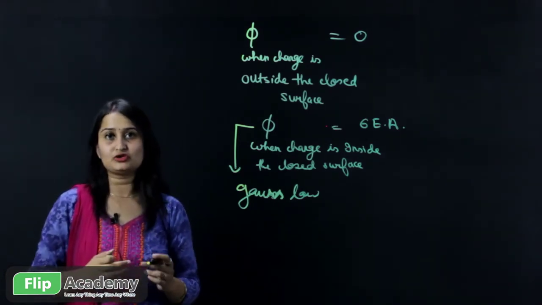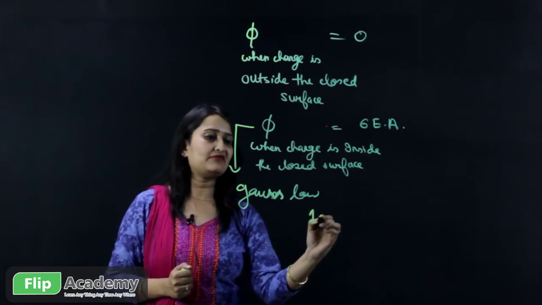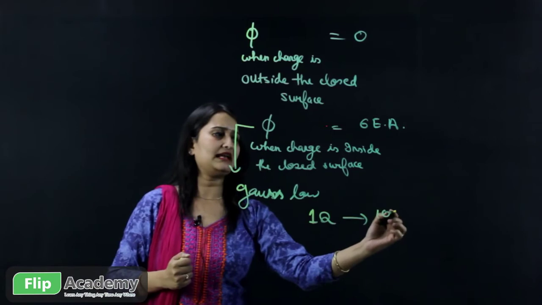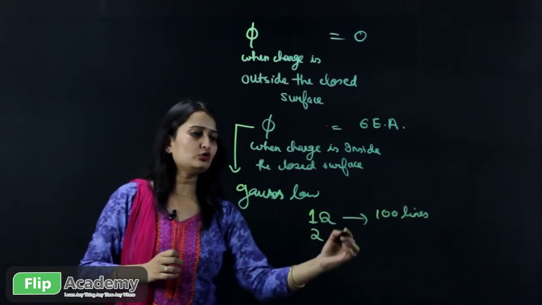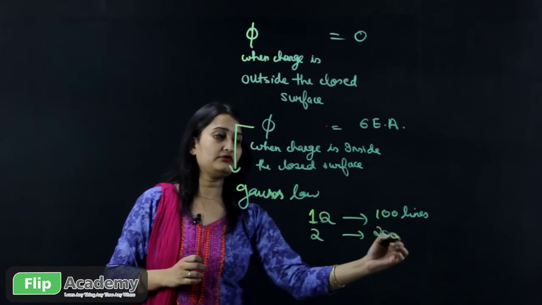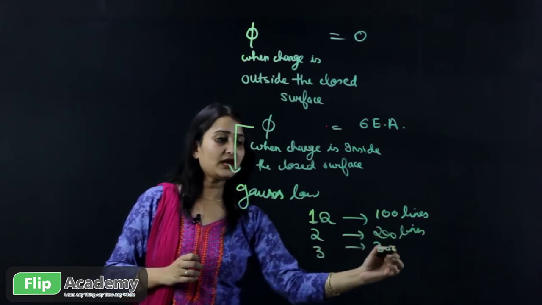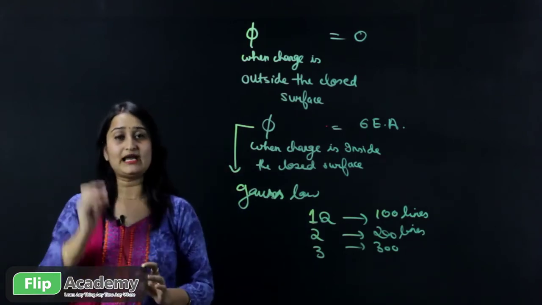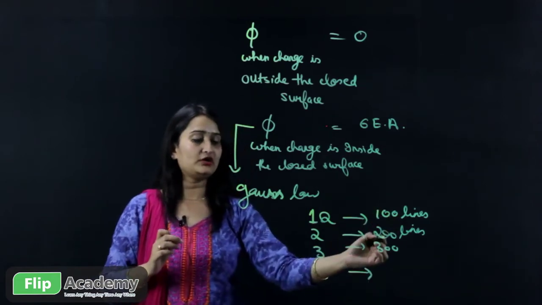Now let me demonstrate clearly. In this condition, let's say one charge produces 100 electric field lines. If I talk about two charges, then it produces 200 lines. If I talk about, let's say, 3 charges, then it produces 300 lines. But Gauss worked upon it, and he told us that it does not produce 100, 200, 300, 1000.